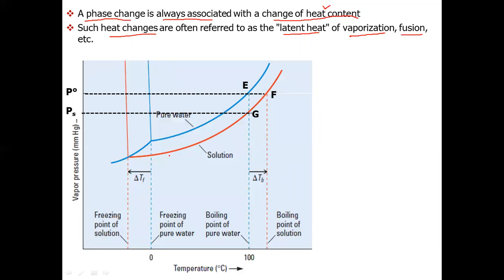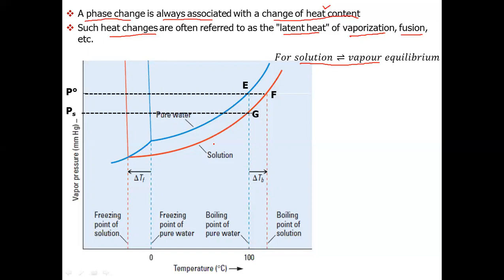Now consider this vapor pressure curve for pure water and solution. Now we will apply the Clausius-Clapeyron equation to solution-vapor equilibrium. Above this curve, the liquid will exist as vapors.